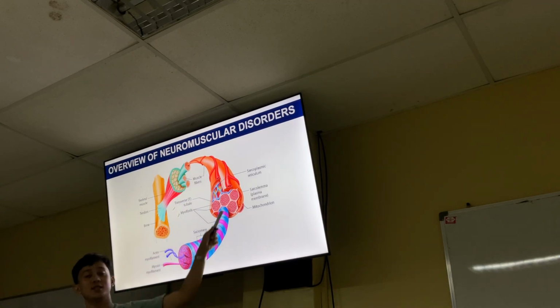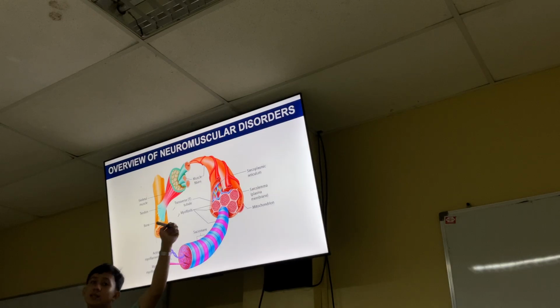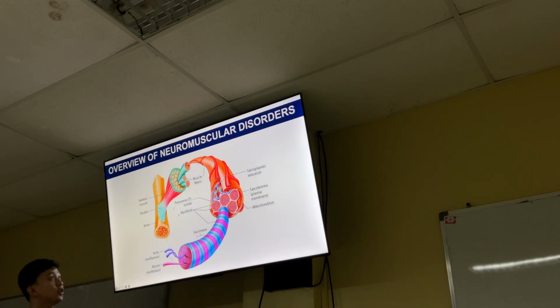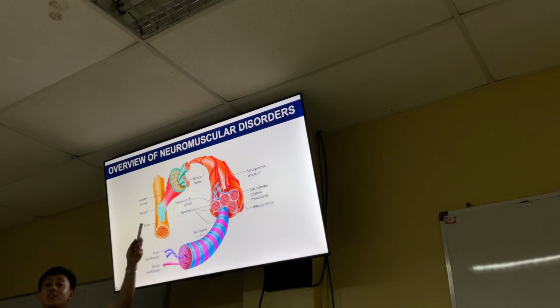The muscle fiber is still composed of different structures. I want you guys to focus more on your myofibrils. This is where we start the components of your muscle contraction. The myofibril is a contractile structure of the muscle, so basically this is responsible for muscle contraction, secondary to the interaction of your actin and your myosin.